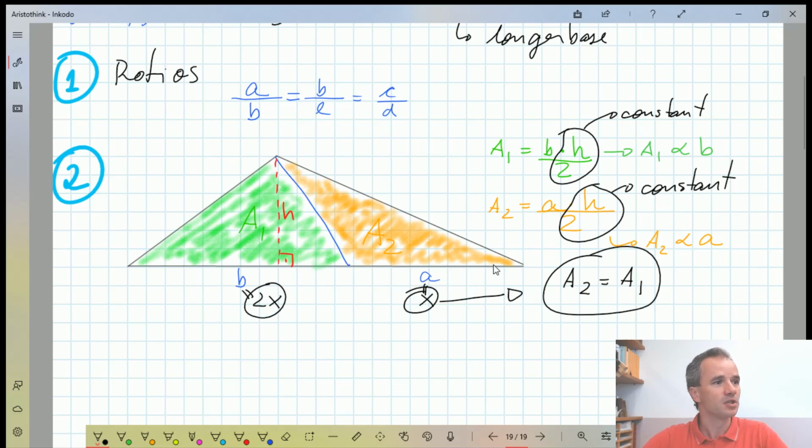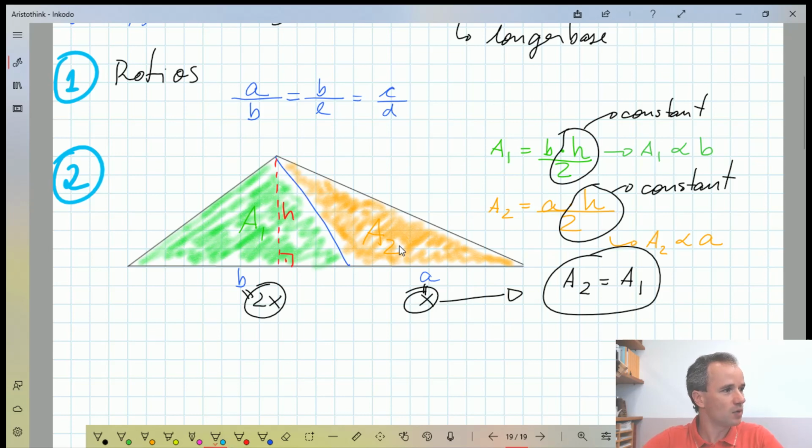What happens if this length is 10 and this length is 5? It means that it's going to have twice the area of this one. If this is 3 and A is 1, this area is going to be 3 times as big as this one. That is what it means. So hold that in your minds.